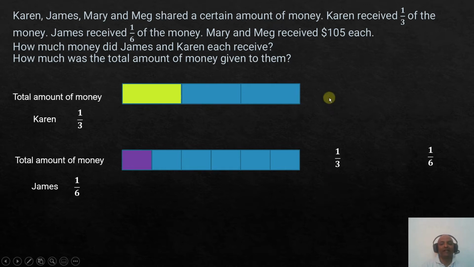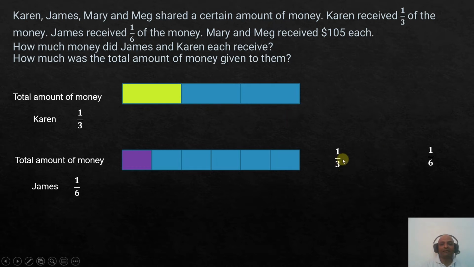So how do we compare 1/3 to 1/6? Because they refer to the same amount, if we can divide them into the same number of units, then it would be easier to compare.